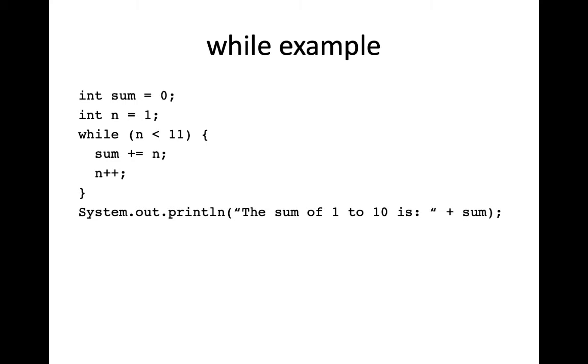Once n becomes 11, less than 11 is no longer going to be true, so we'll stop, and then we'll pick up at the println statement where we'll print out the sum from 1 to 10. Right? So fairly simple, and hopefully familiar enough with respect to some looping construct that you're familiar with in some other language.